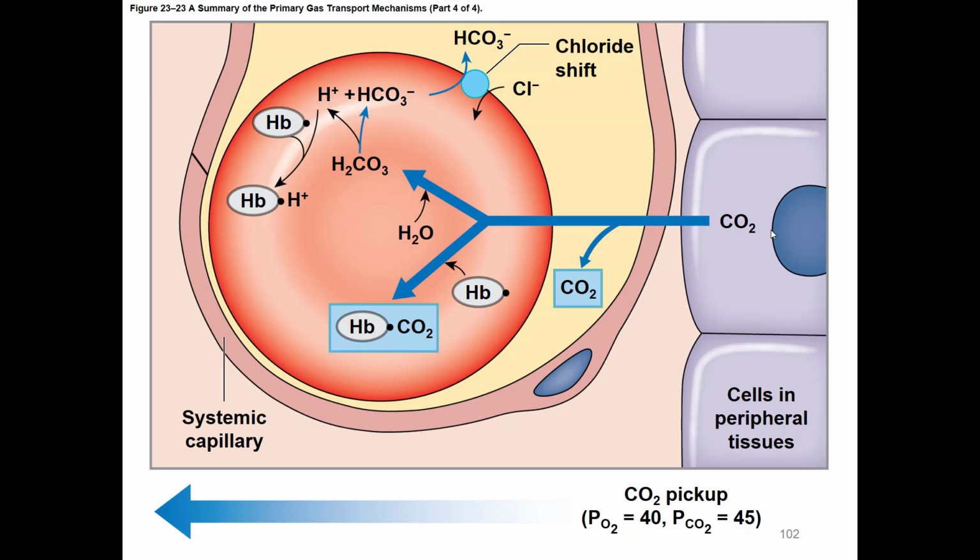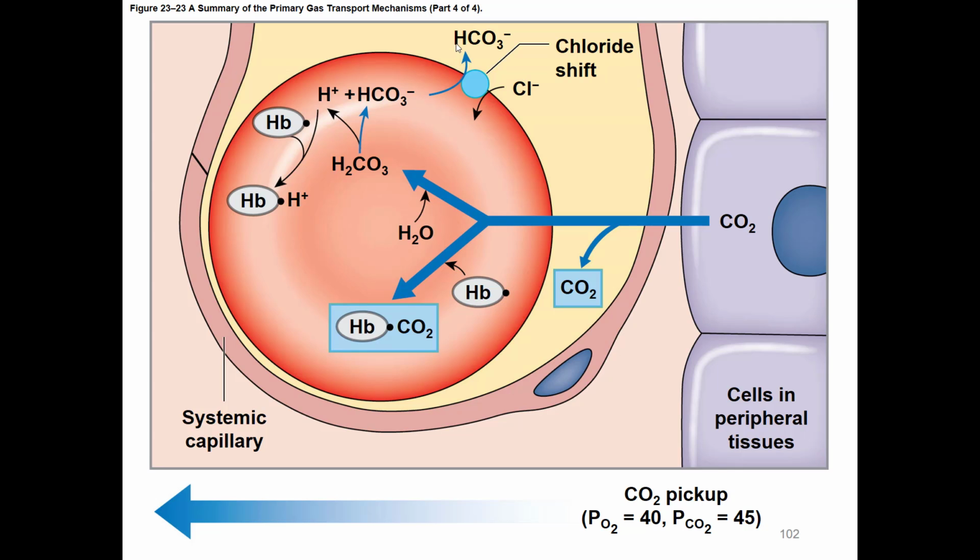The tissues then say, hey, red blood cells, can you take out our trash? We want to get rid of this CO2. So CO2 will diffuse into the blood because it's low in the blood, high in the tissues. 7% dissolves in the plasma. 93% goes on to the red blood cell, remember. 70% becomes carbonic acid, which we break up into H plus and HCO3 minus.